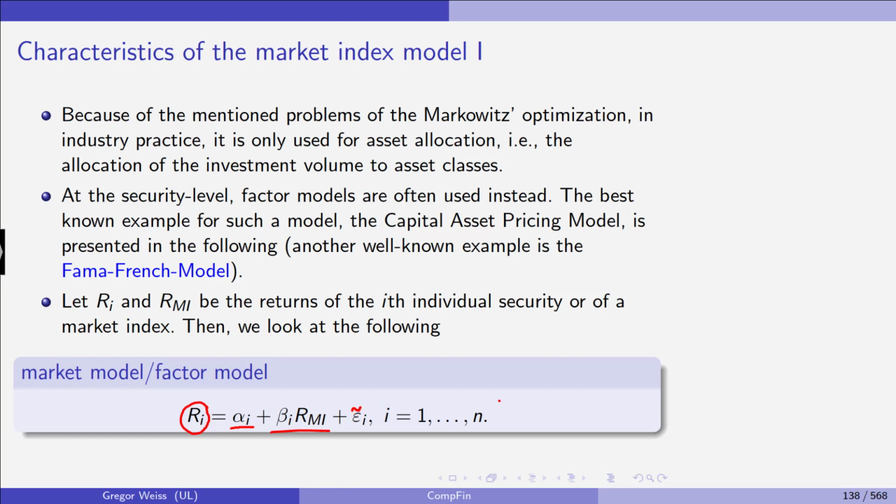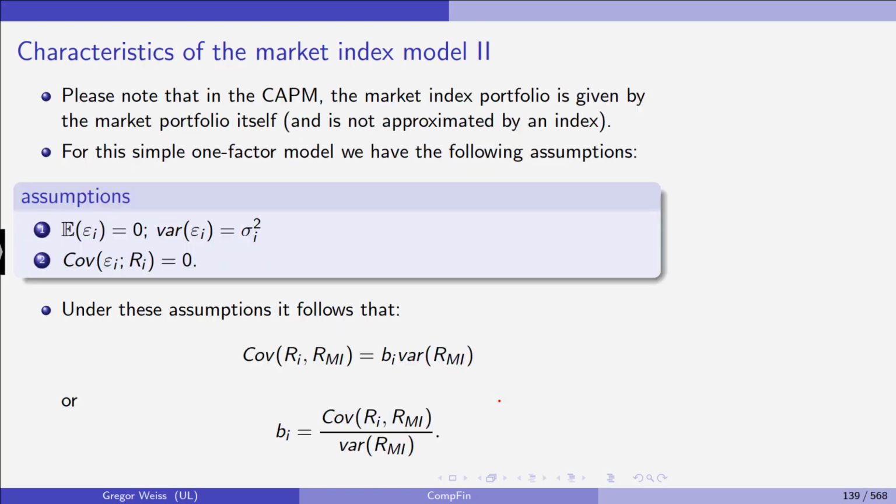Epsilon_i is the pricing error, and it's stochastic. So in the CAPM, the market index portfolio is given by the market portfolio in itself, and it is not approximated or proxied for by an index. So we're not saying this is the DAX, we are saying it's the universe of all securities that are traded in the market. It's the market portfolio.